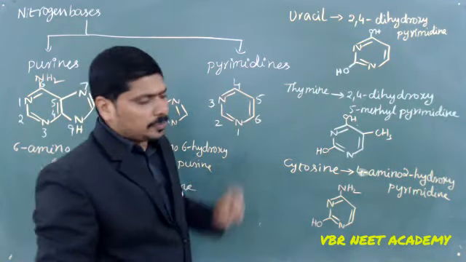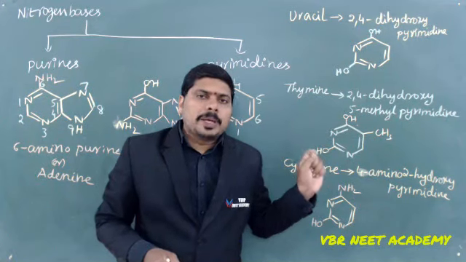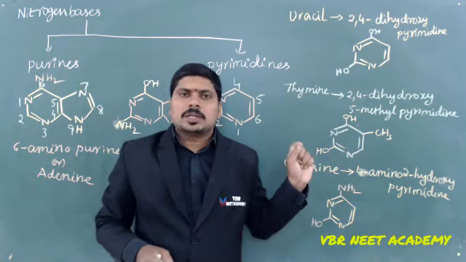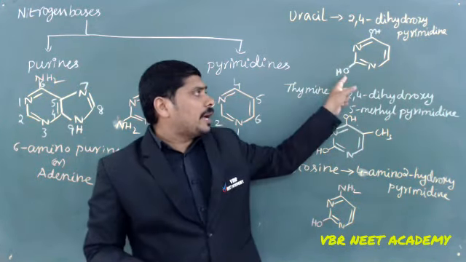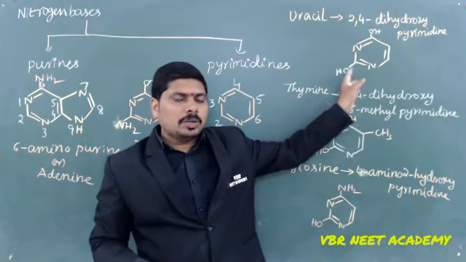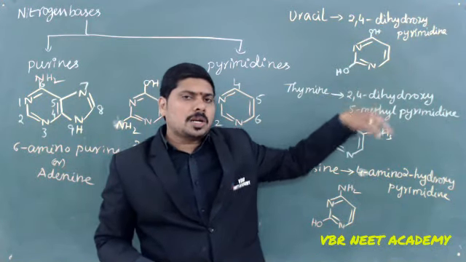Moreover, if you look in our NCERT textbook, wherever I am writing OH, there they write a double bond O. So don't think that what I am writing here is wrong. Actually, they are showing tautomerism. When we have OH and a double bond, that is enol, and enol shows tautomerism.